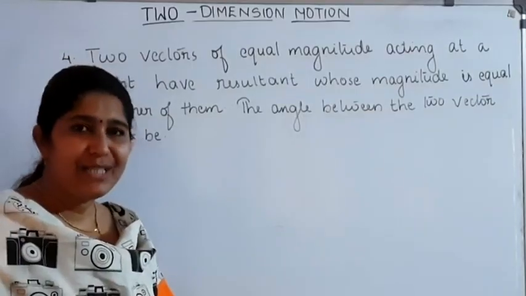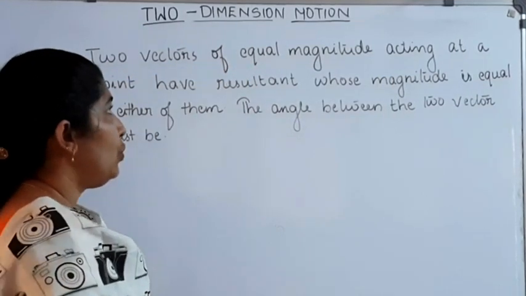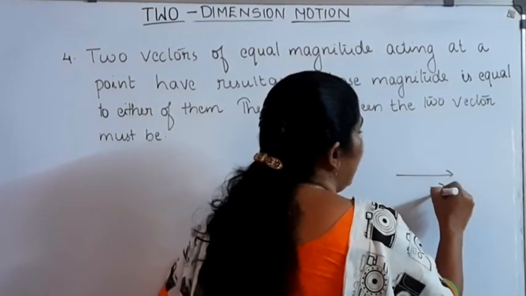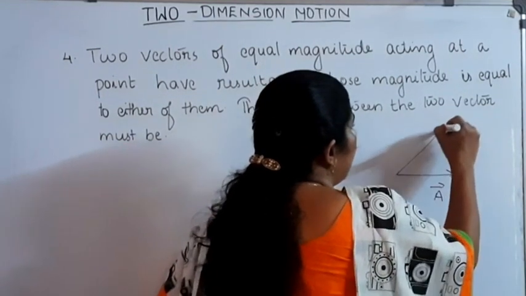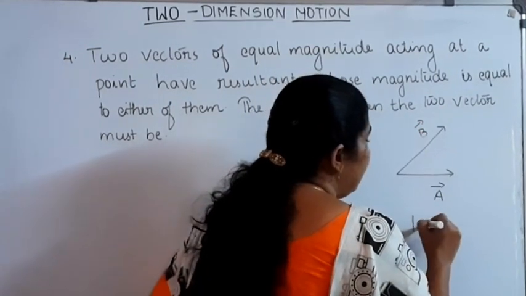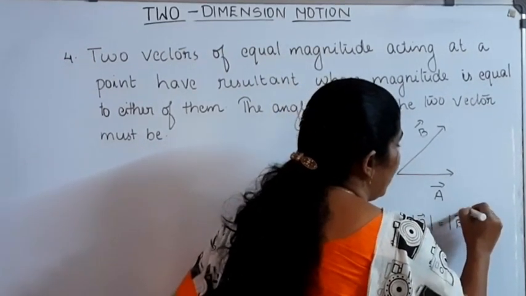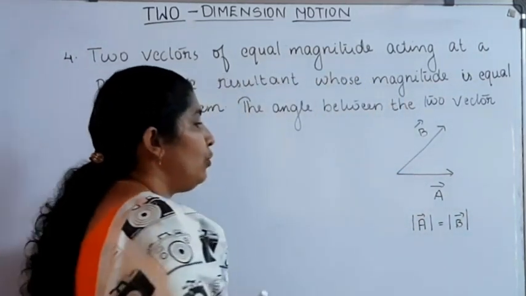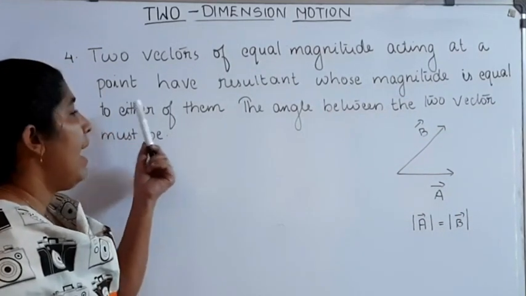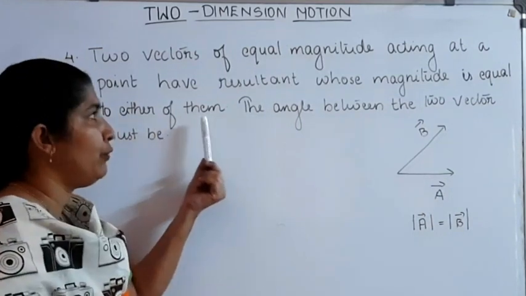Okay. Our next question. Two vectors which are equal in their magnitude. Okay. Vector A, another vector, vector B. Both of them are equal in their magnitude. Modulus of vector A is equal to modulus of vector B. Acting at a point, they have a resultant whose magnitude is equal to either of them.